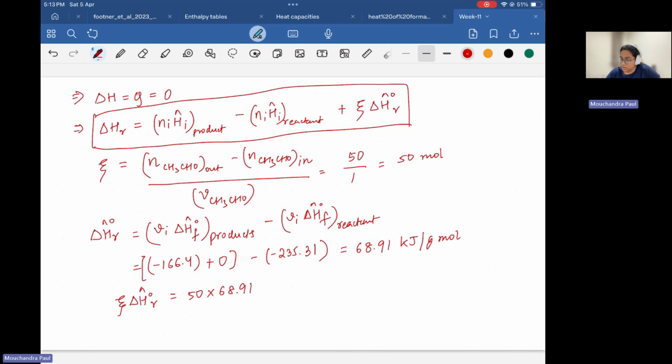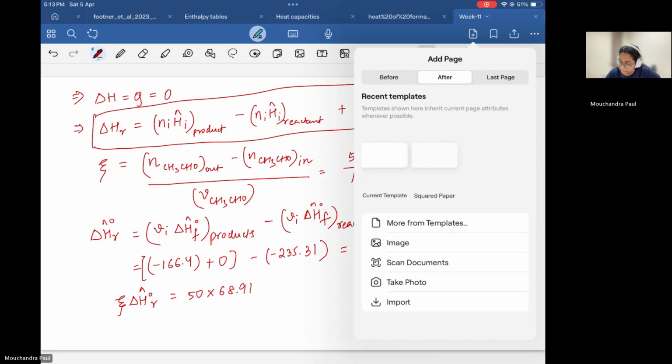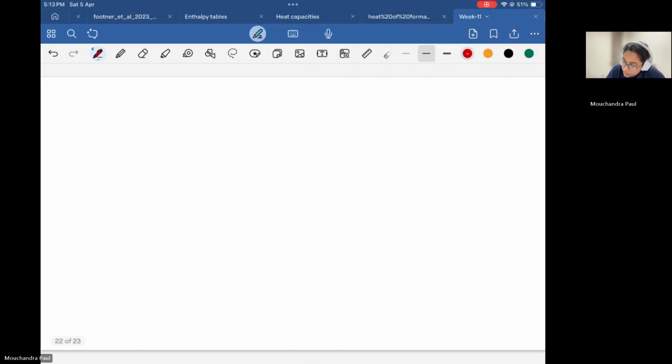So for inlet enthalpy, or the enthalpy associated with the reactants, here only one reactant is there, right? Ethanol.